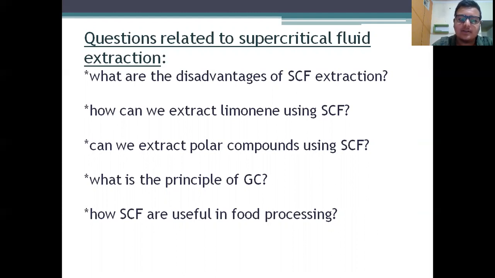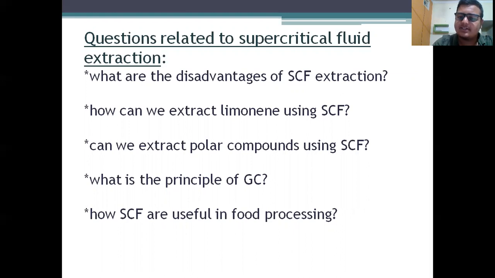And then coming to the next question, how can we extract the limonene using the SCF? Can we extract the limonene using supercritical fluids? Yes, the answer is yes. We can extract the limonene using supercritical fluid. The limonene is nothing but a yellow oil which can be easily separated from the orange peels by using carbon dioxide as supercritical fluid.